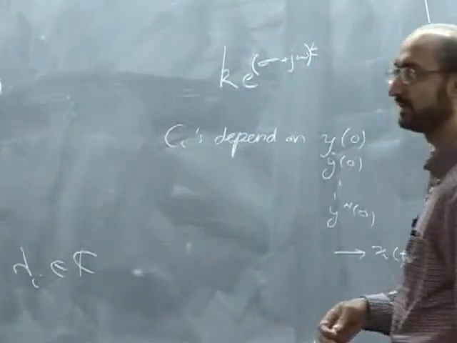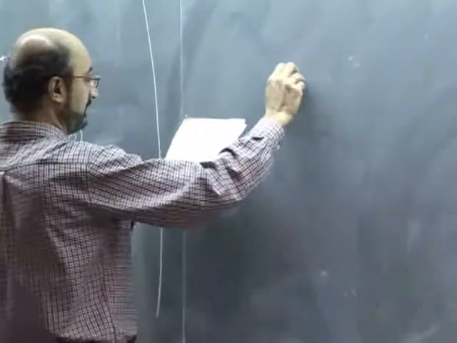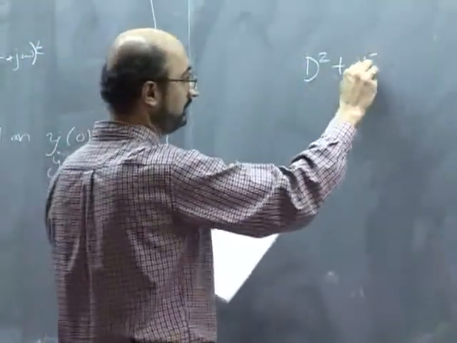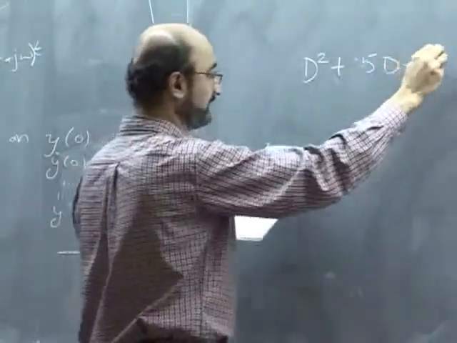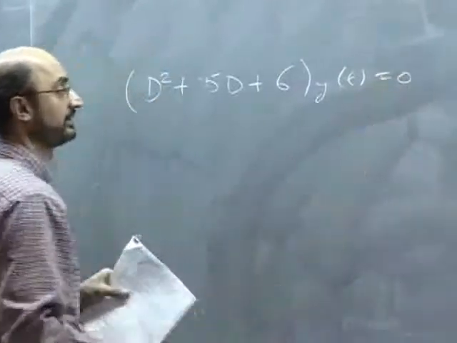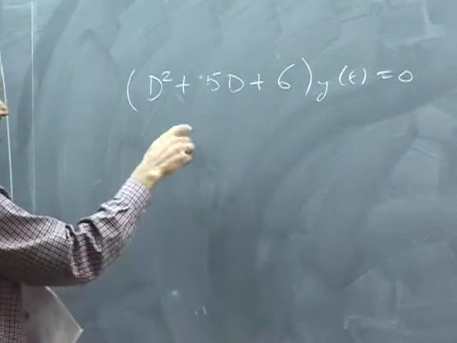So let's just do a simple example of the real response. For example, consider d squared plus 5d plus 6 yt equals 0, where PD is this.